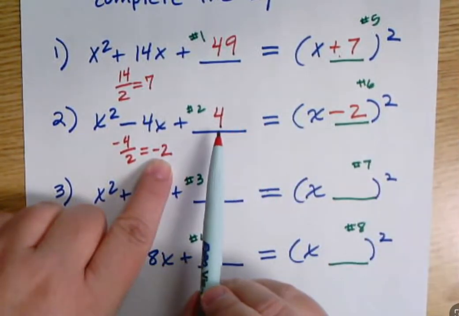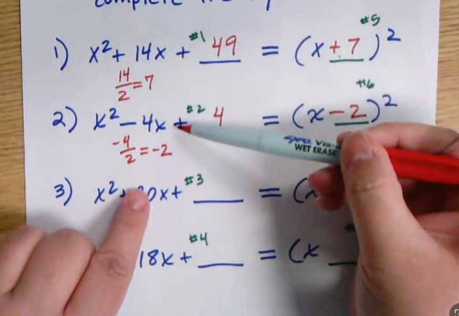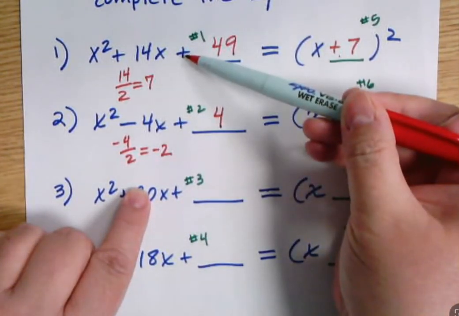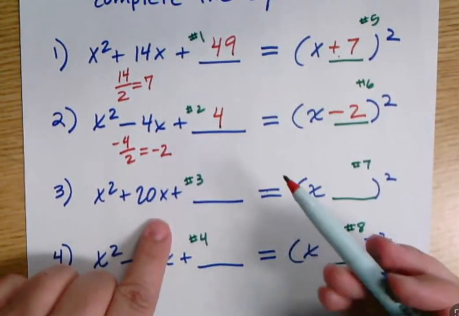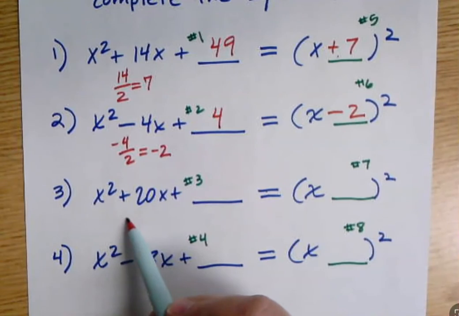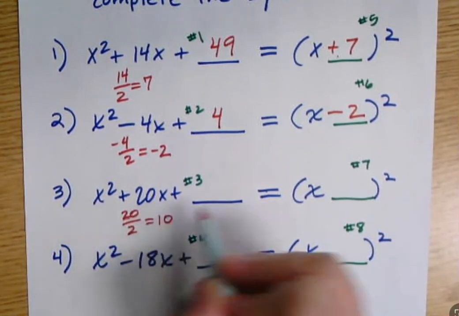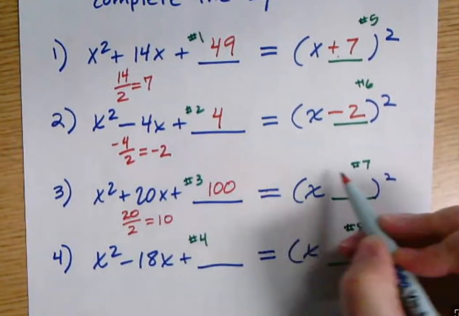Keep in mind, don't let the calculator mess you up if you type it in wrong. If you're going to square a number, it doesn't matter if it was negative or positive, it's going to turn out positive. So notice I put a plus on every single one of these because every single one is going to have a plus when I add that number. Okay. Next up, half of 20 is 10. 10 squared is 100.